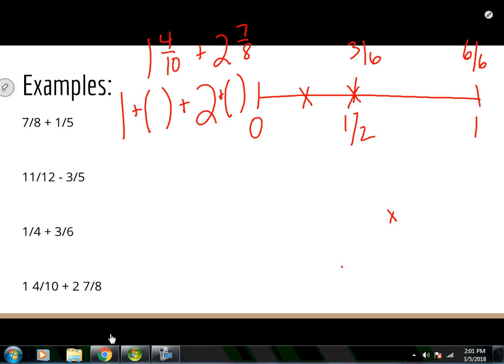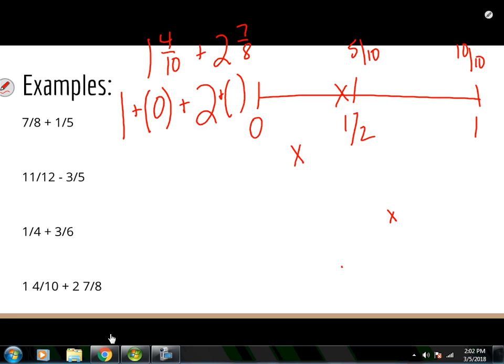So my first one is 4/10. 10 out of 10 would be 1. 5 out of 10 would be half. If I have 4/10, that's right about there, which is less than half. So we have to round down to 0 for that one.